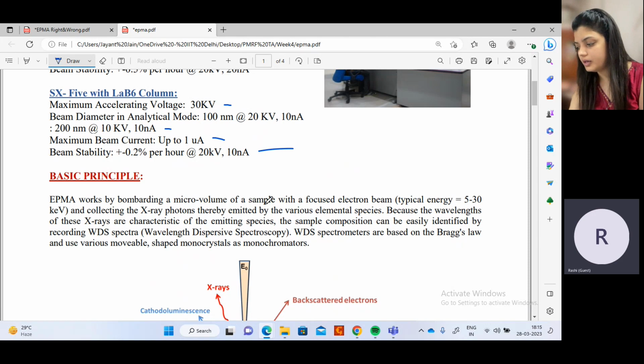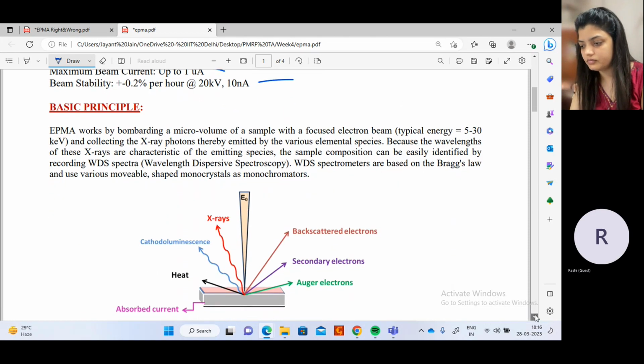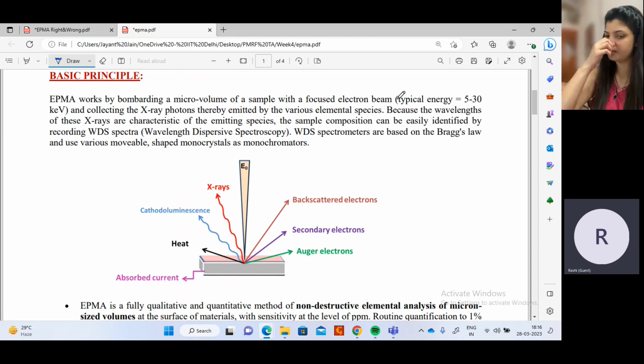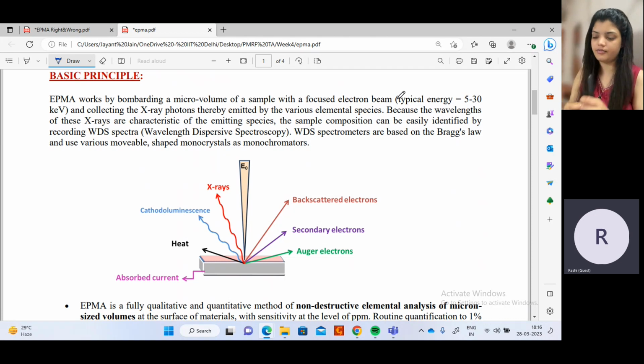Basic principle of how the EPMA works, we will see first. EPMA works by bombarding a micro volume of sample with a focused electron beam. As we all know, we accelerate the tip, the electrons start flowing as in SEM, and they fall on the sample.